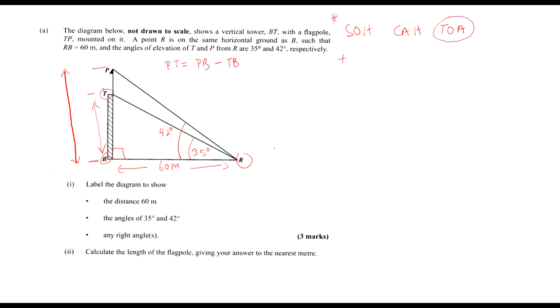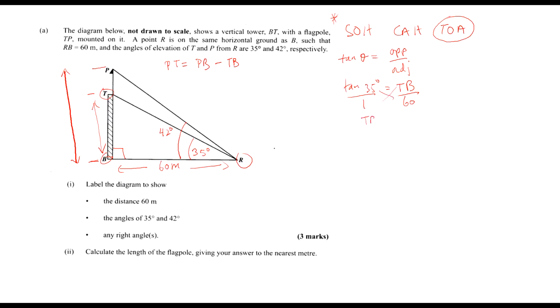So let's start off by writing tan theta is equal to opposite over adjacent, right? So tan 35 is equal to opposite, which is BT or TB, doesn't matter, over adjacent, which is 60. Alright, so remember, when we have tan 35, we could write that as tan 35 over 1, and we just cross multiply.